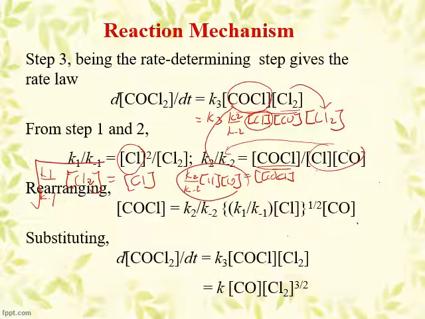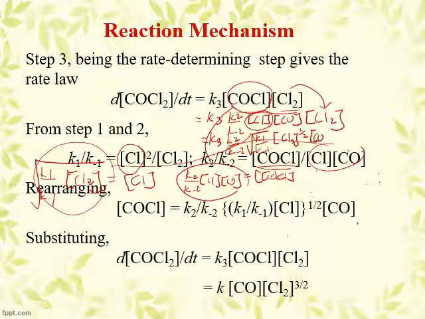So we substitute this into here, so we have k3 k2 over k negative 2, square root of k1 over k negative 1, [Cl2], with [CO] and [Cl2] in the square root.